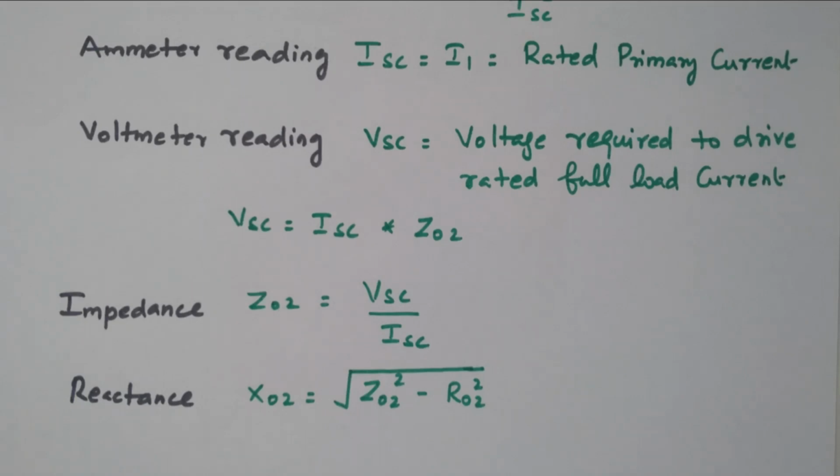Equivalent to that rated current, the voltmeter reads the short circuit voltage, VSC. So from VSC, ISC and WSC, we calculated R02. From the wattmeter reading, we calculated R02. From VSC and ISC, we calculated the impedance. From the impedance, the reactance is calculated. Using this, we can draw the equivalent circuit. Further performance can be analyzed from the equivalent circuit.